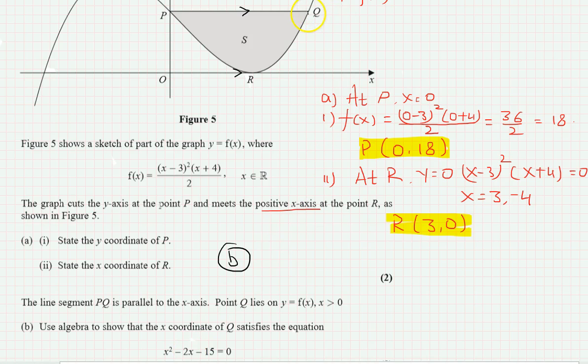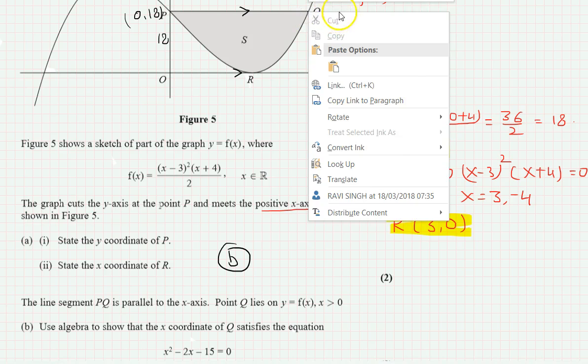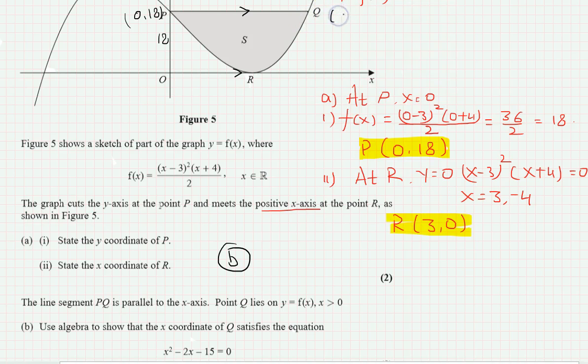PQ is parallel and the coordinates of P are (0, 18). This y is 18. So the y coordinate of Q is also 18.